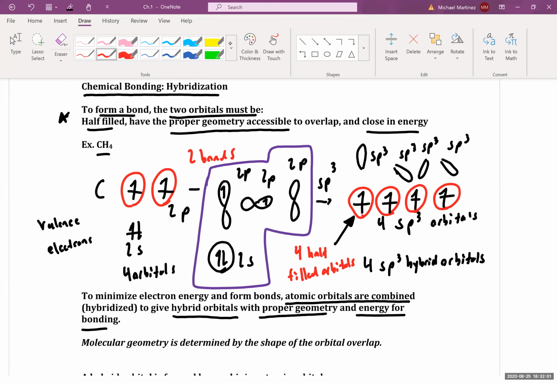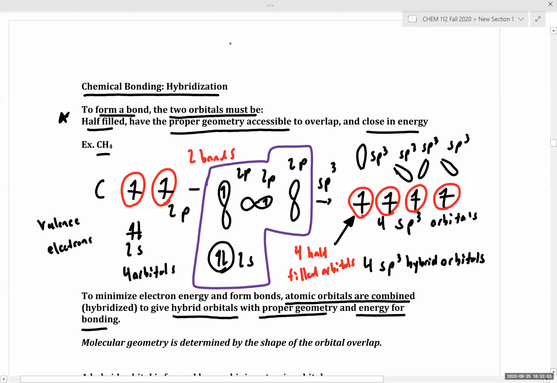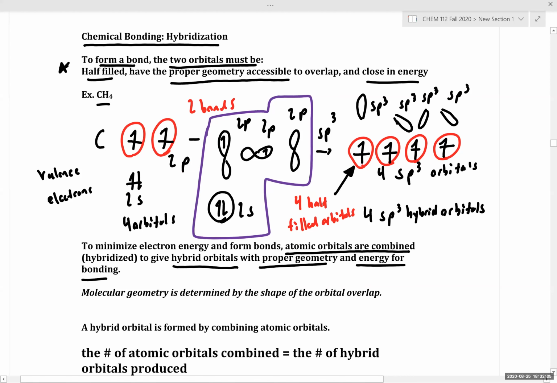Now, this is really critical because the molecular geometry is directly determined by the shape of this orbital overlap. So what we're going to study in detail next class session is how hybridization occurs.